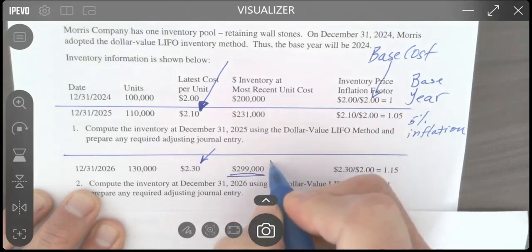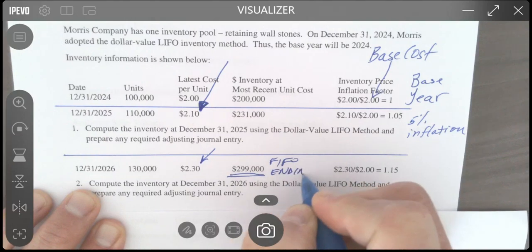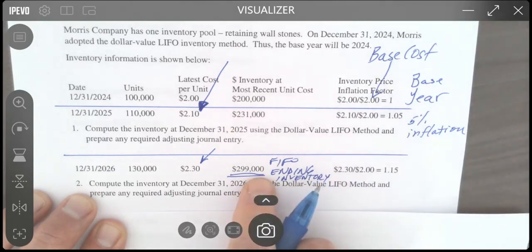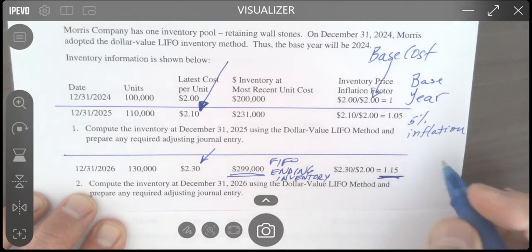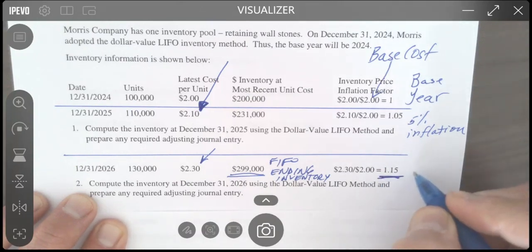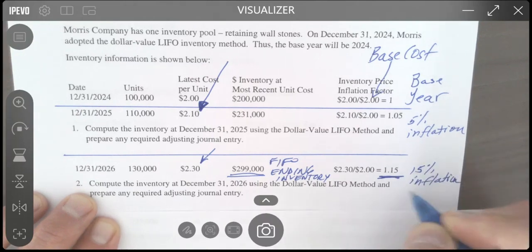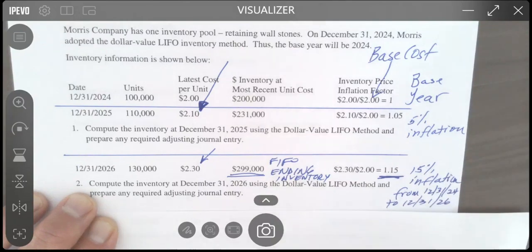So FIFO ending inventory is 299,000, and the inflation factor is 1.15. So we've had 15% inflation from 12/31/24 to 12/31/26, 15%.